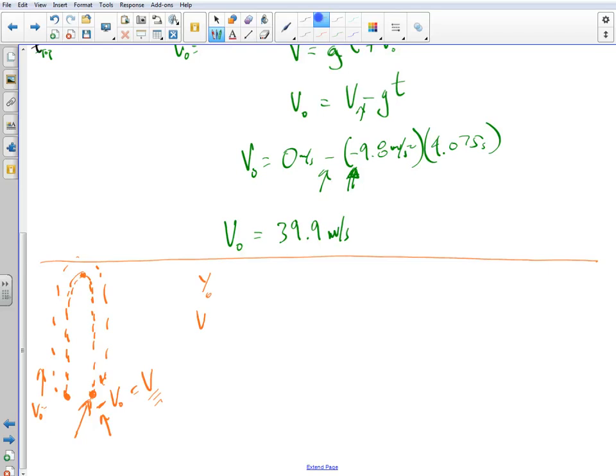So I can write y0, v0. Acceleration is g, which is negative 9.8 meters per second squared. Final position, final velocity, and t. And what I know here is now we're going from this location to the end right here, so the time is the 8.15 seconds.